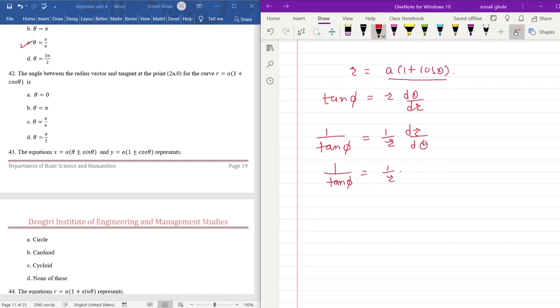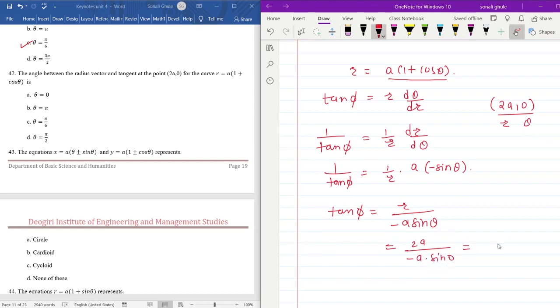Differentiate this term with respect to theta. The derivative of a cos theta is minus a sin theta, and we can write tan phi is equal to r upon minus a sin theta. We are supposed to find this value at 2a comma 0, which means r is 2a and theta is 0. So putting in these values, r equals 2a, minus a and theta 0.